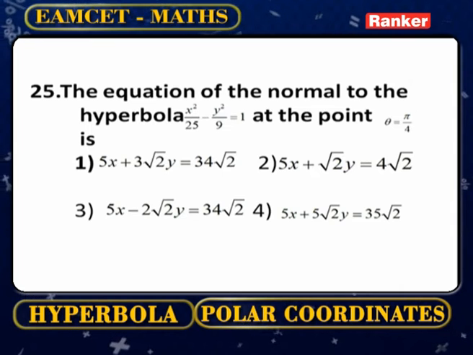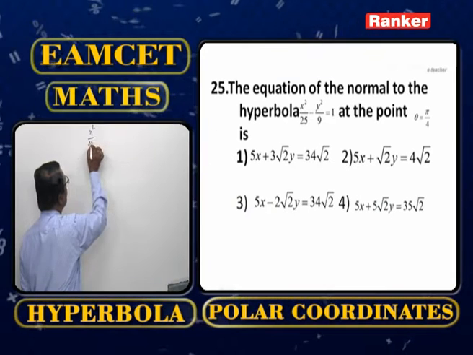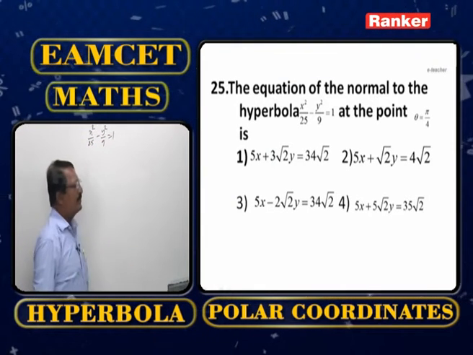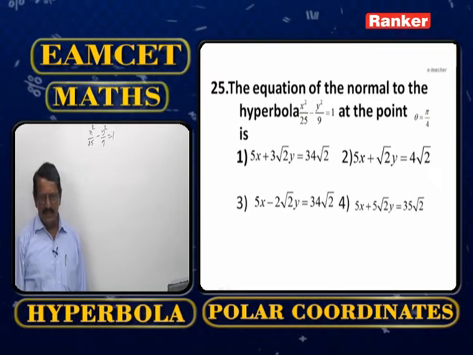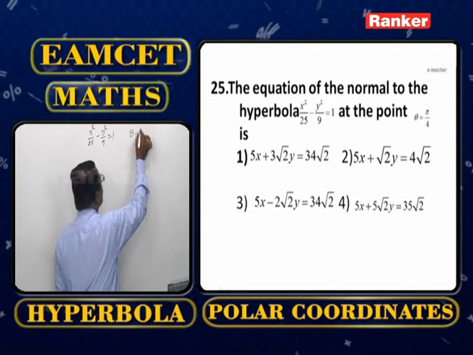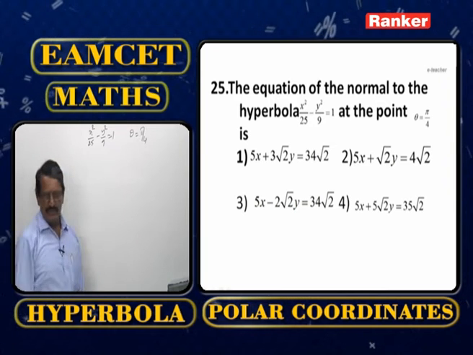The equation of the normal to the hyperbola x square by 25 minus y square by 9 equals 1 at the point theta equals pi by 4.